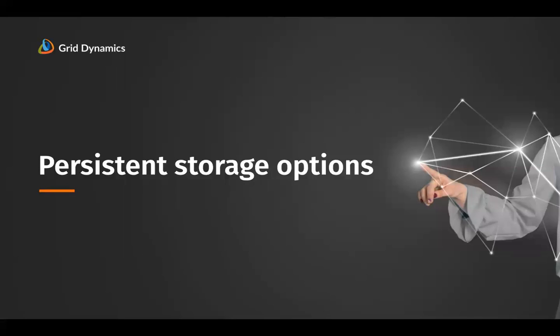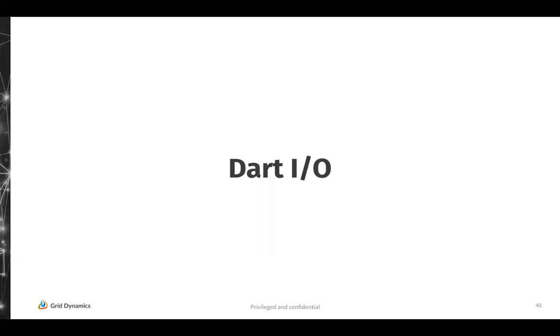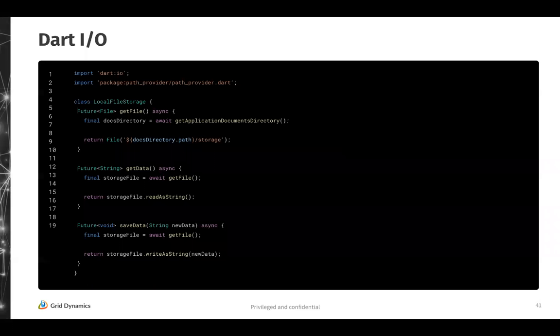The option that I'm talking about is Dart.io, which is a built-in Dart library for facilitating any input-output operations. So we've got a lot of input-output operations, including working with files, which can be used as some foundation of our storage solution.